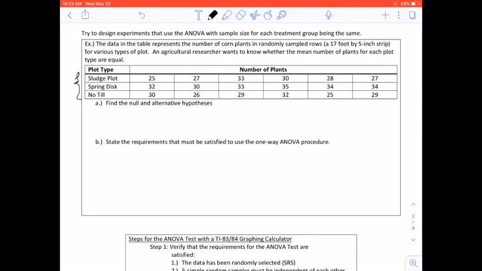It also talks about the mean number of plants. So I know right now that we are dealing with means, and that it is asking about more than two. Since we have more than two, I know that we are going to be using an ANOVA test. The first part says, find the null and the alternative hypotheses.